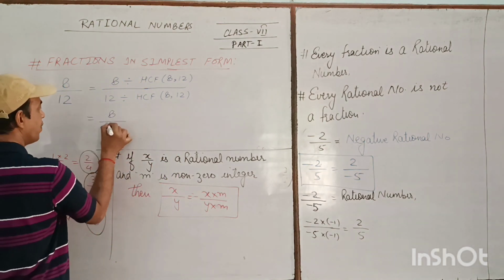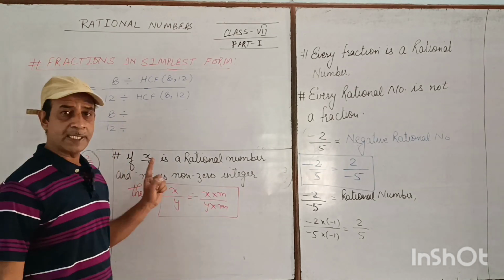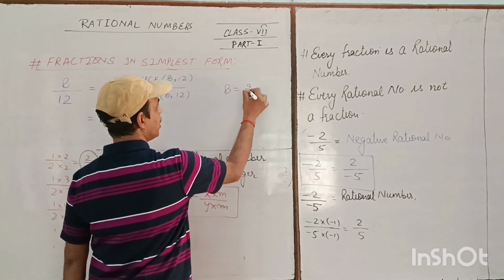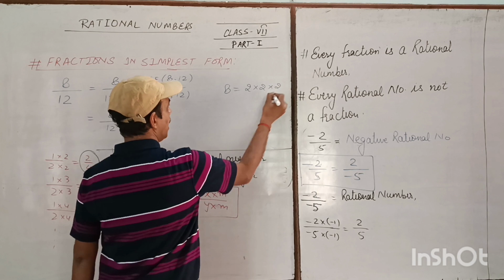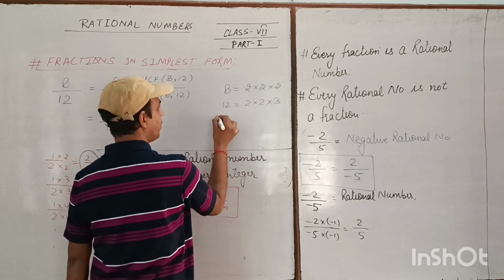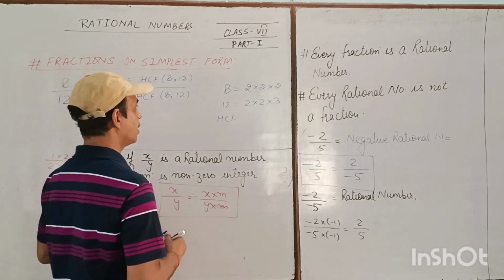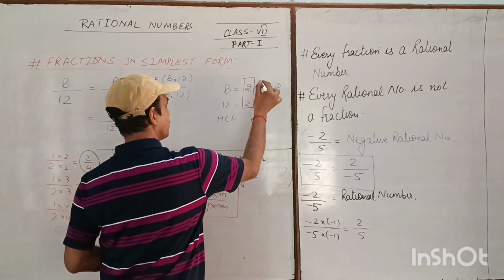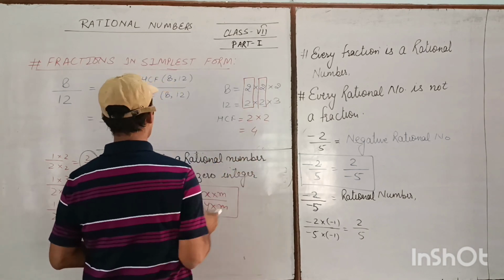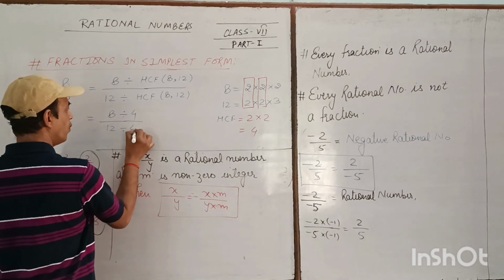So in this case 8 upon 12, what is the HCF of 8 and 12? You must be remembering, factors of 8 will be 2 into 2 into 2 and factors of 12 will be 2 into 2 into 3. That means its HCF, we used to take common factors. This will be 2 into 2, that is 4. So in this case, you will be dividing 8 by 4 and 12 by 4.